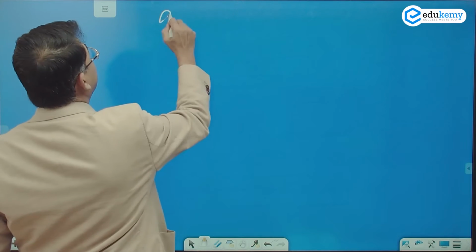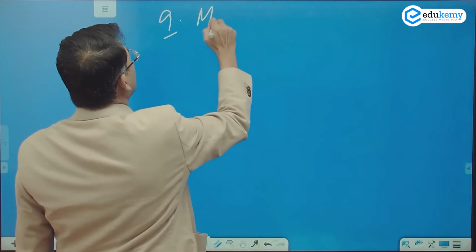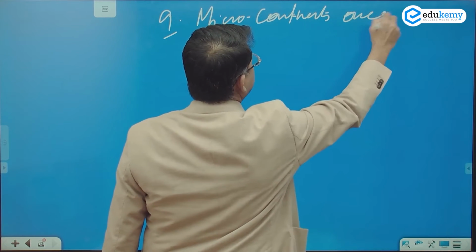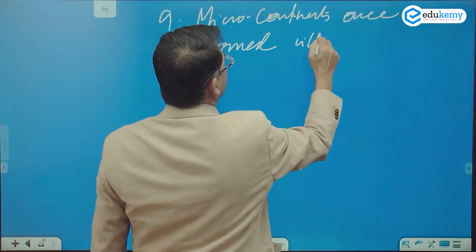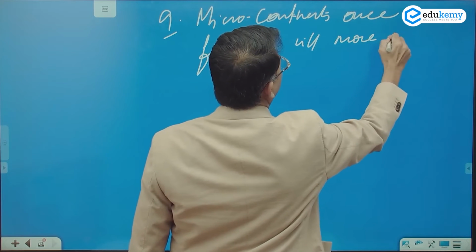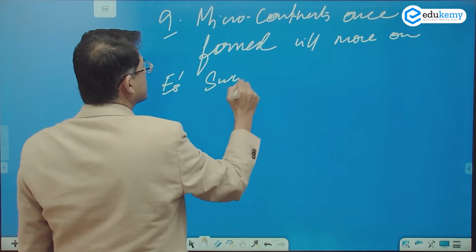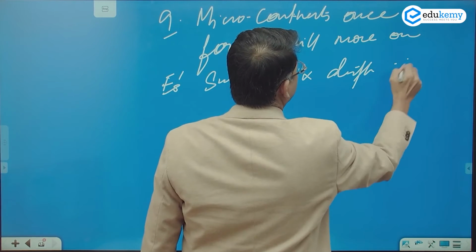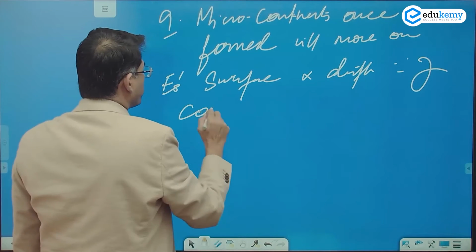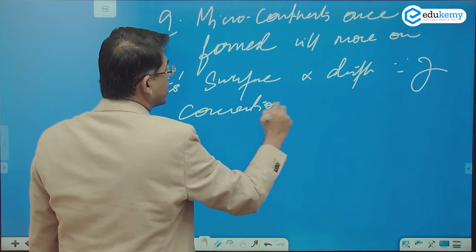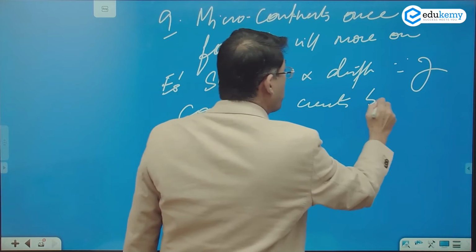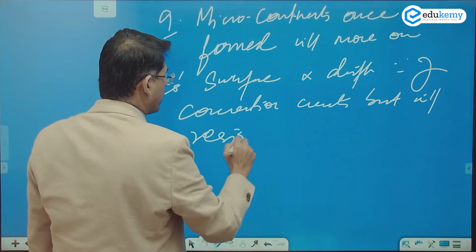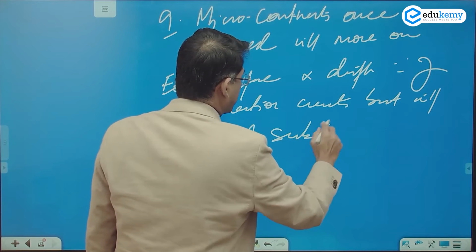Now the catch here is that microcontinents, once formed, will move on the Earth's surface and drift because of the convection currents, but will resist subduction.